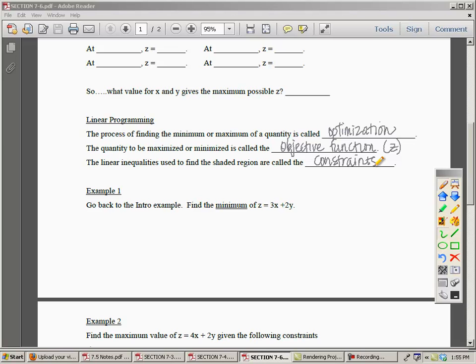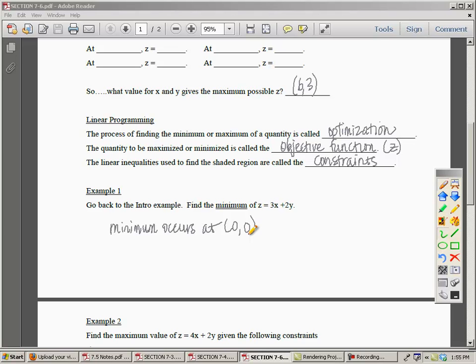We found that the maximum point above for our program was the point (6, 3). Can we find the minimum? Sure. We already plugged our vertices into our objective function, so what we found was that the minimum value occurs at the point (0, 0).